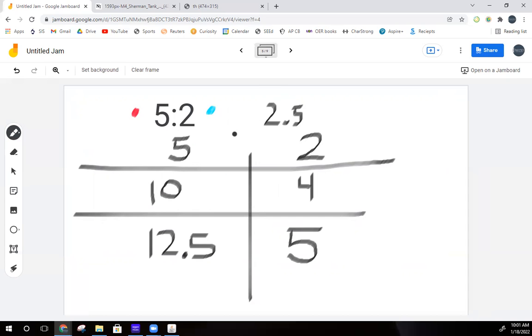When we have the ratio factor of 2.5, if we have 5 strawberries, then we know that we need 2 blueberries. If you have 4 blueberries, you know that you need 10 strawberries. What you do is you multiply 4 by 2.5 to get 10, and vice versa. Divide 10 by 2.5 to get 4.